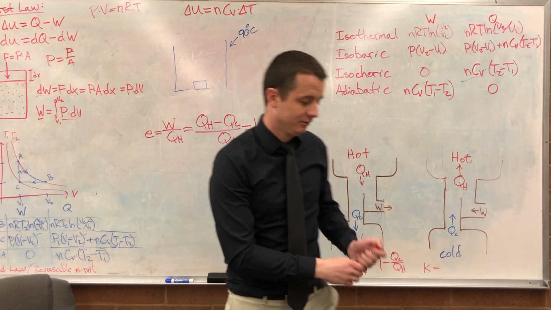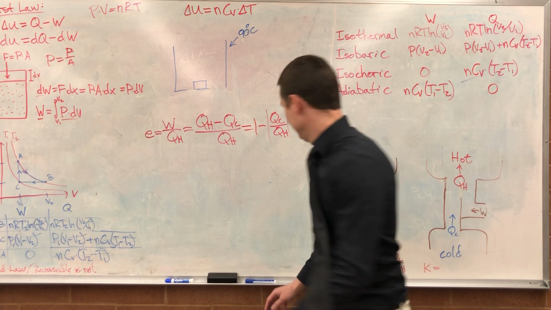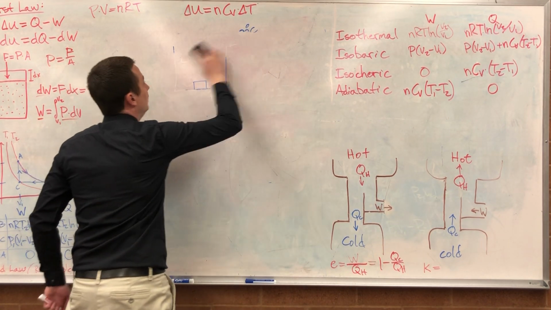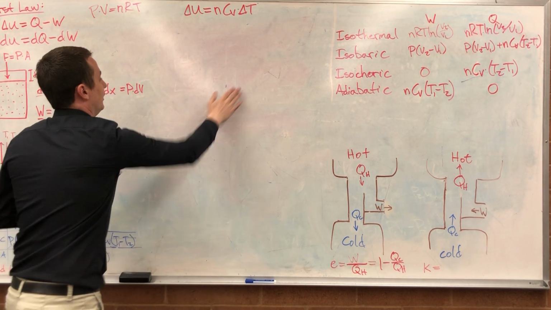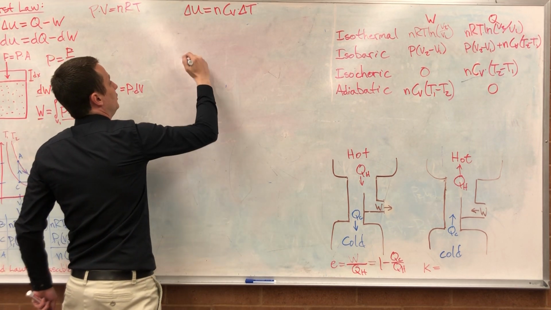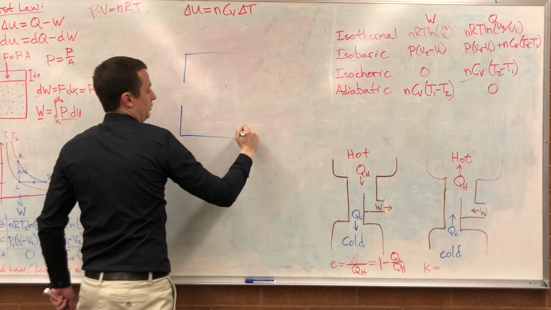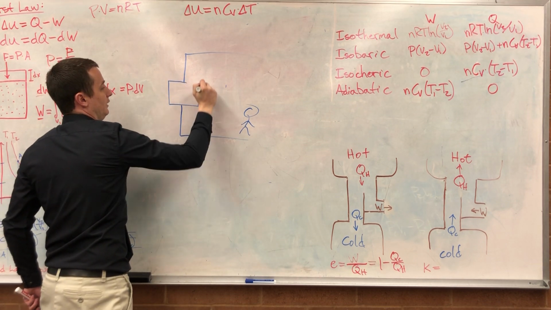Okay, I'm still confused. Let's give you an example of an actual refrigerator, I guess. Or we'll do an AC in a window, just because it's easier to draw. Here's you in your room, and in your window you have one of those AC devices.